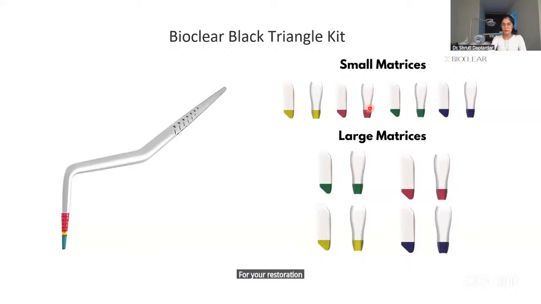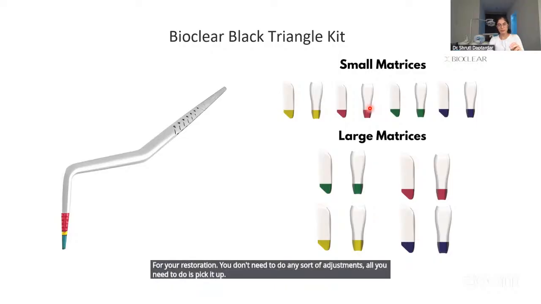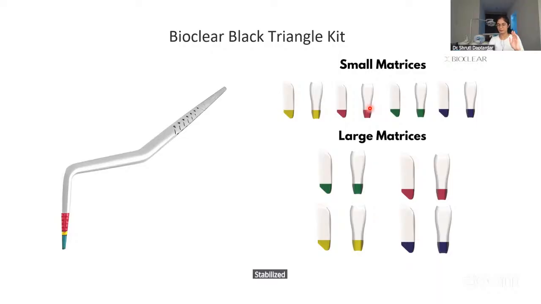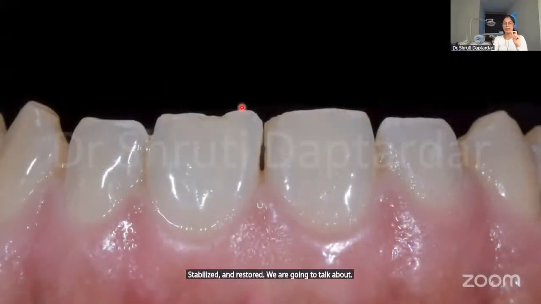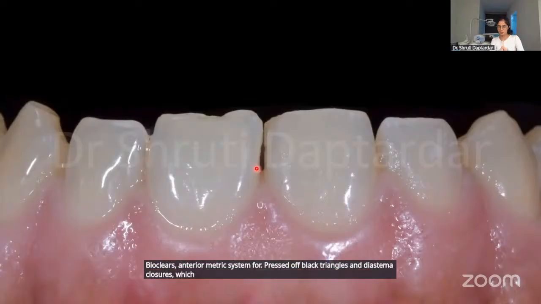You don't need to do any sort of adjustments. All you need to do is pick it up, stabilize, and restore. We are going to talk about BioClear's anterior matrices system for black triangles and diastema closures, which needs adjustments.